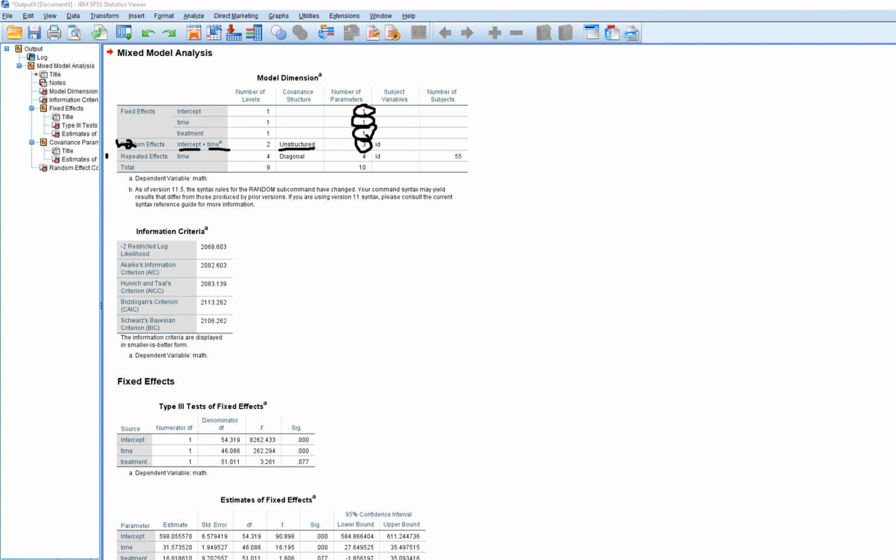And in terms of the level 1 repeated effects, we've incorporated a diagonal covariance structure, and there are 4 parameters being estimated here: the residual variances at times 1 through 4. Given that no covariances are assumed between the errors across time points, we only have 4 parameters estimated using this matrix.